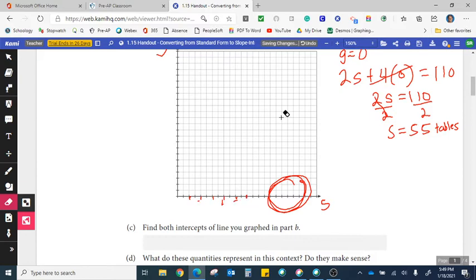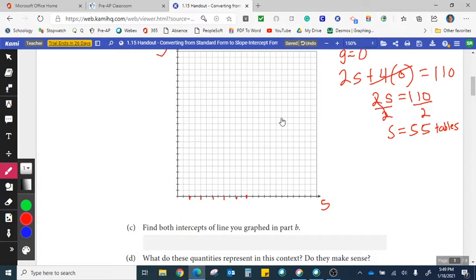What I'm doing is a little guess and check. I want my 55 to end up somewhere over there. So if I say every 2 squares is 5, I'm going to say 5, 10, 15, 20, 25, 30, 35, 40, 45, 50, and 55.